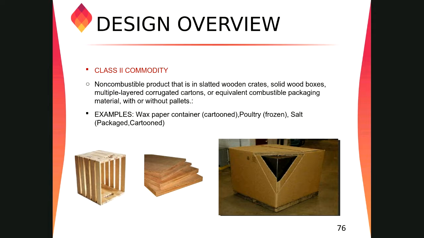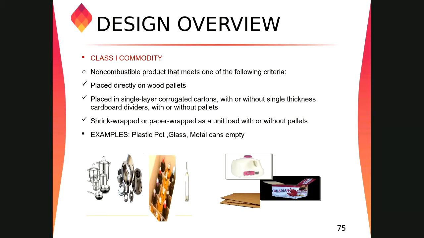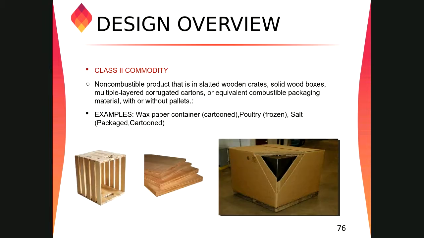Multi-layer means you can see there is one layer and two layers. But in the previous figure, we have only single layer corrugated cartons. This carton is only one layer, but in class 2 commodities, we have multi-layer corrugated cartons. So if this kind of multi-layer corrugated carton is placed, it means that we have to protect those occupancies as for class 2 commodities. This is what they all talk about.